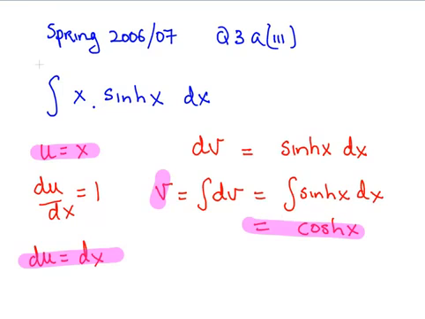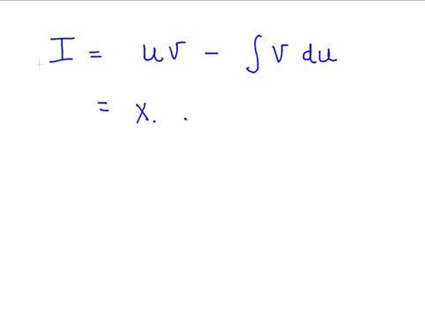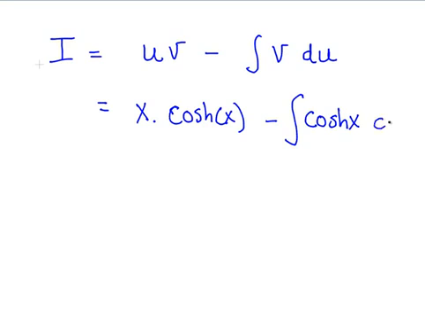And again, just to recall, this is something you have to know off by heart, that the integral is equal to uv minus the integral of v du. u there was x, v was the cos of x, minus the integral of v, du was just dx.